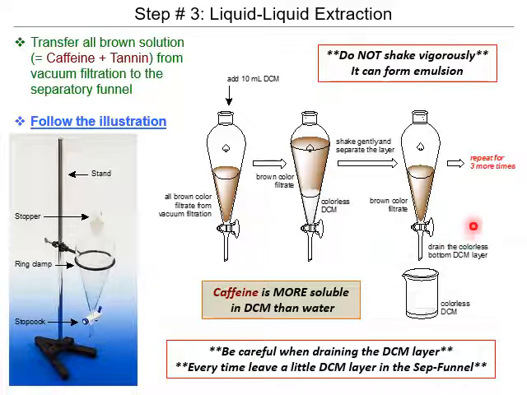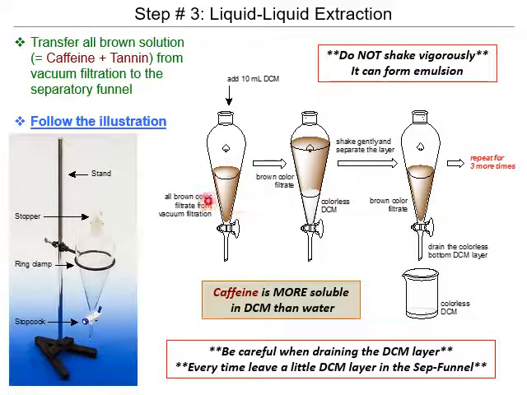And then the brown filtrate, you would want to keep it in here, and you keep draining the DCM layer. If you read the textbook, you'll see that it's important to do this several times, because instead of using 30 mLs of DCM, and this is very important, okay? You use 10 mLs of DCM 3 times, and you extract as much caffeine as you can from this brown filtrate.